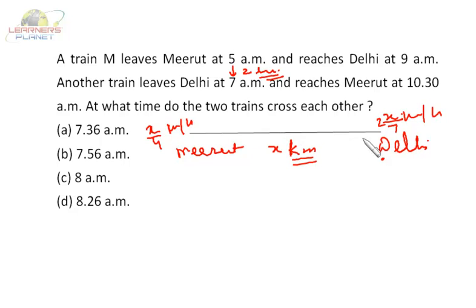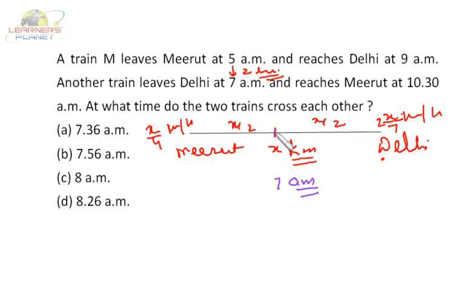So before this train starts, the first train is here. It is x by 2 kilometers, and the remaining is also x by 2 kilometers. Now this is the scene at 7 a.m.